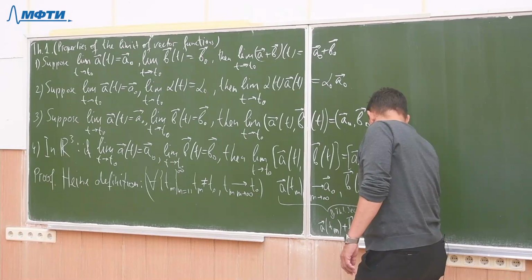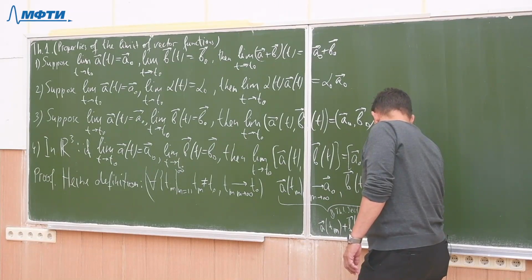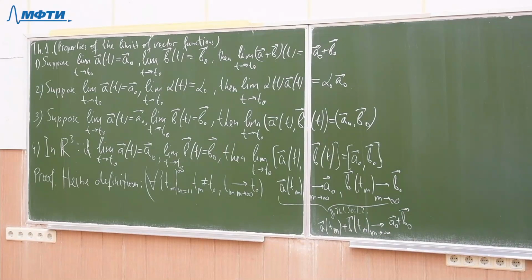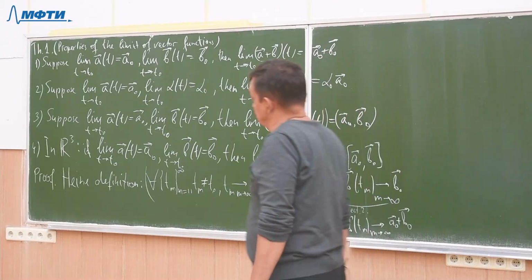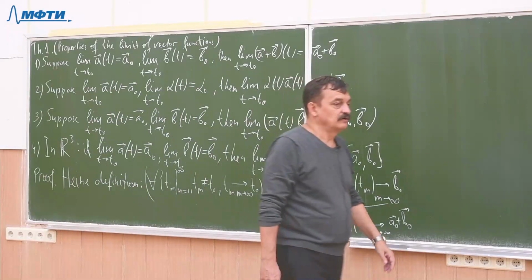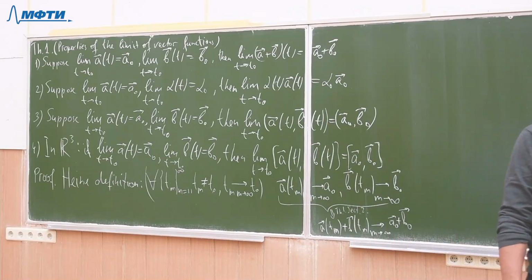That gives the assertion. And similarly we can proceed for each of the other assertions. So you see, limits for each operation are preserved.